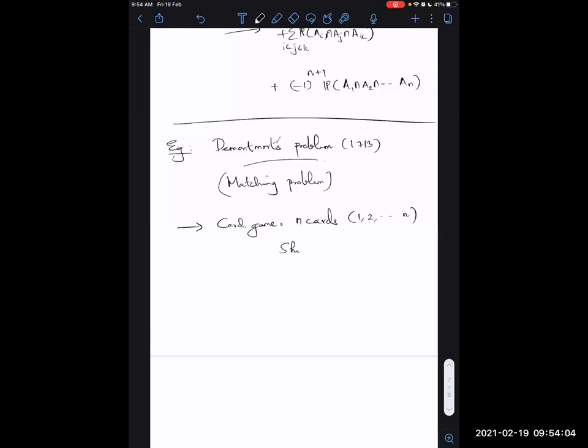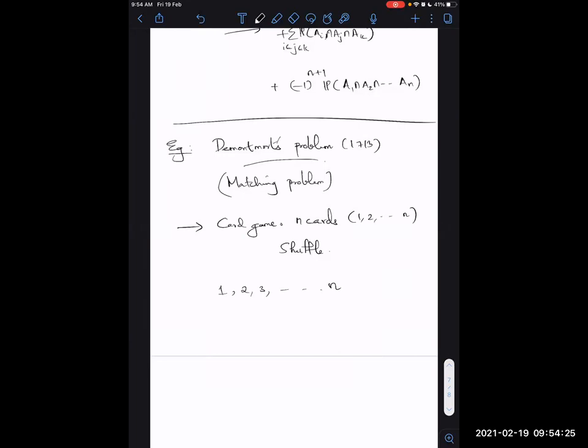And you shuffle these cards and put them on a table with the backside up. So you can't see the numbers which are on these cards. So you have 1, 2, 3, up to n cards. And when you flip one up, you can see the number on it, right?